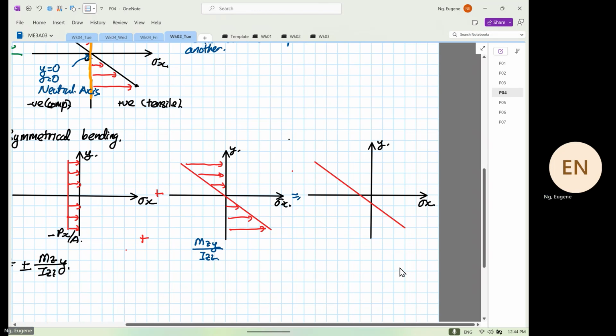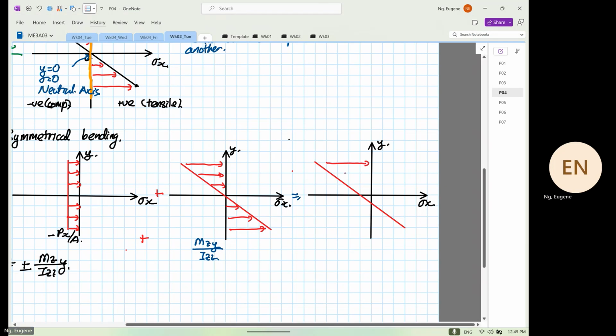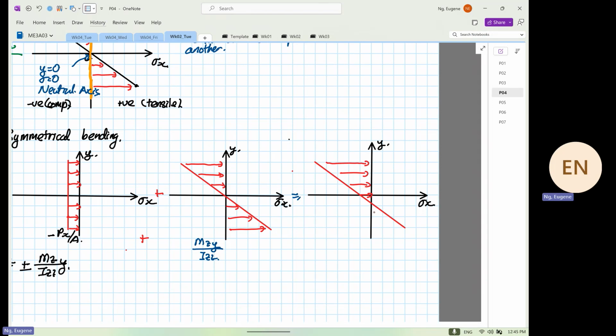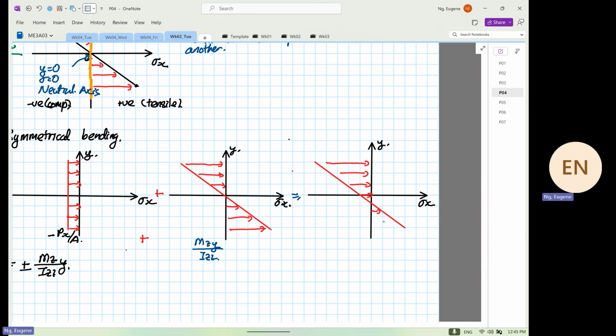Okay. So as you can see, if I sketch the lines to represent compression, we have compression over here. Over here is still compression. Then it goes, not a very good slope. And over here, it goes tension.